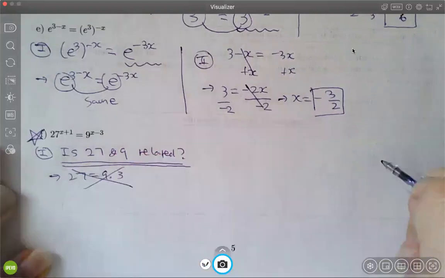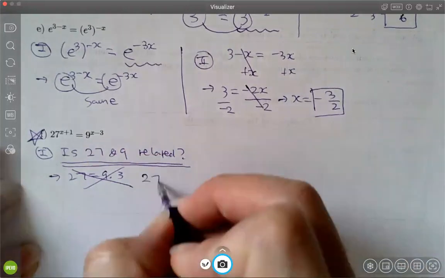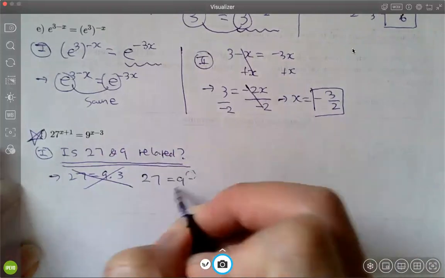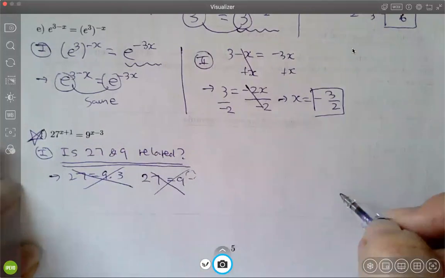Because we are not talking about multiplication. In other words, here 27 is not 9 to some power, right? We cannot write it like this.